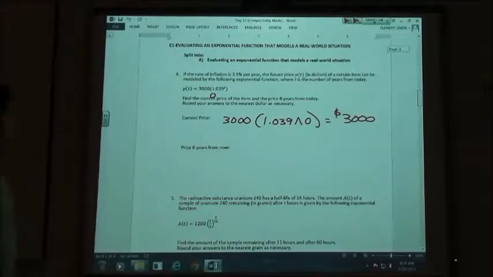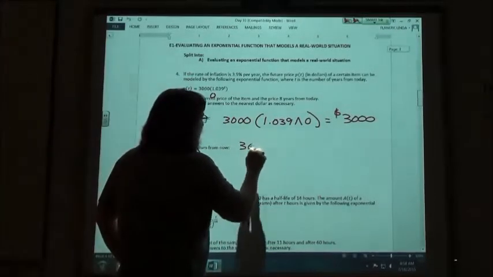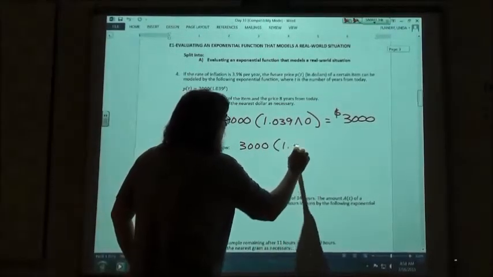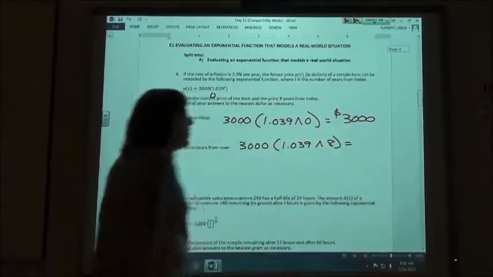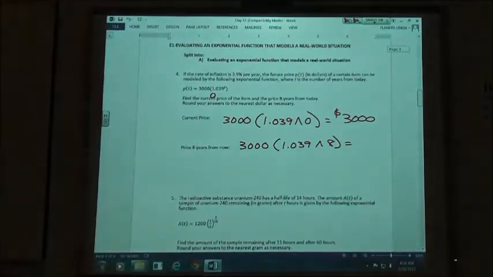8 years from now. So we're going to do 3,000 times 1.039 to the 8th power, and we're going to punch that into the calculator. We are going to round to the nearest dollar.